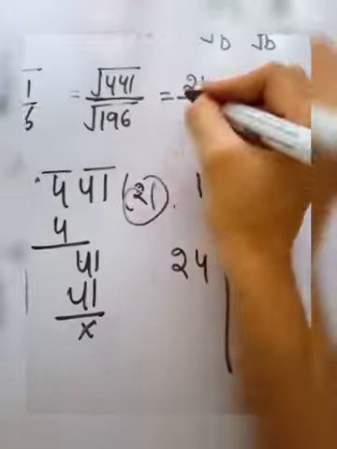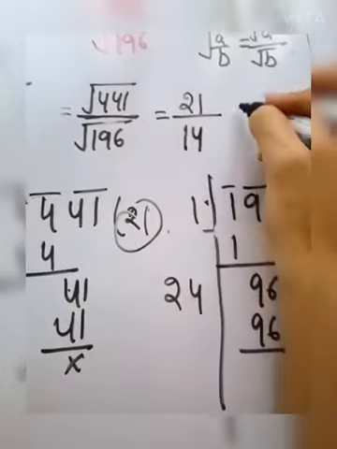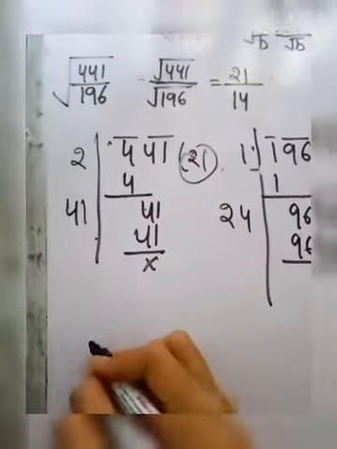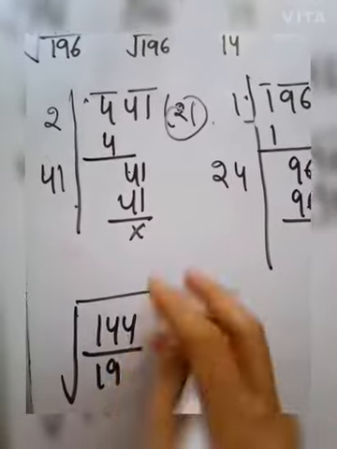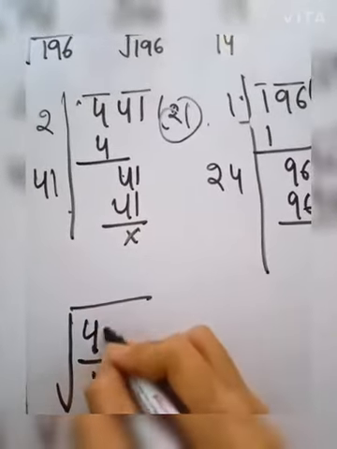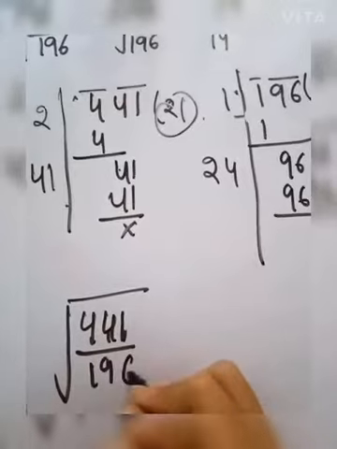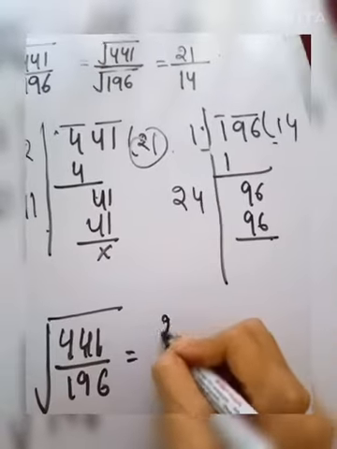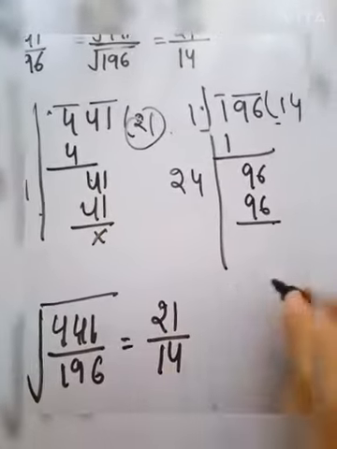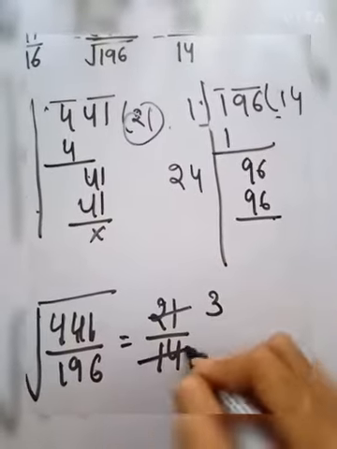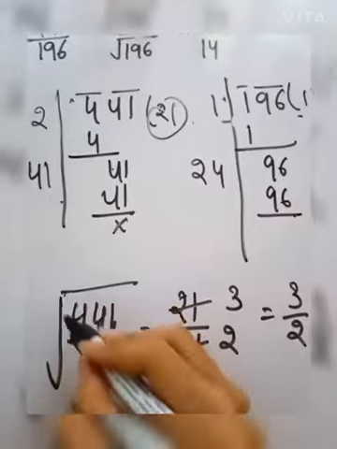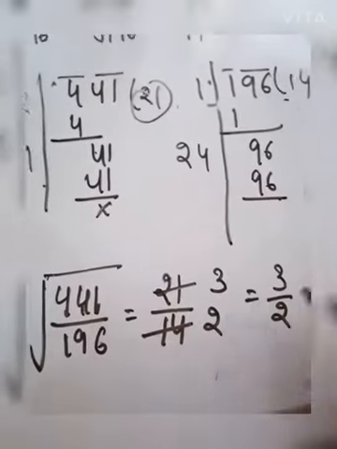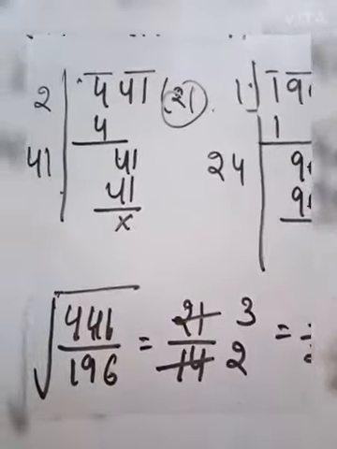So square root of 196 is 14. Now after solving this we have 21 upon 14, and we can solve it further. 7 3s are 21, 7 2s are 14, so it is 3 upon 2. Square root of 441 upon 196 is 3 upon 2.